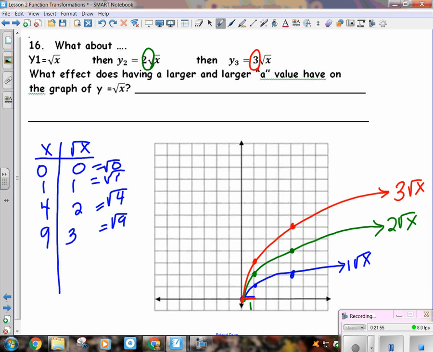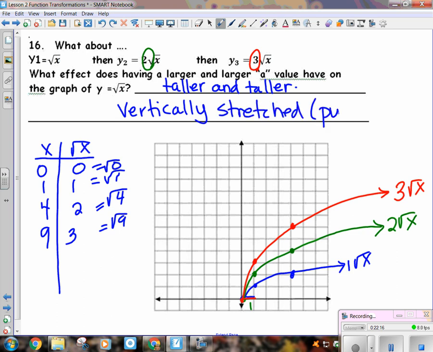So what effect does having a larger and larger a value have on the graph of square root of x? Well, it looks like it gets what? Taller and taller. This one is what we call vertically stretched, which means it looks like it was pulled up.